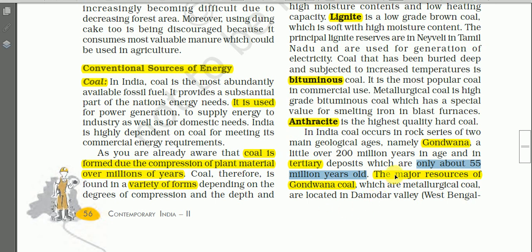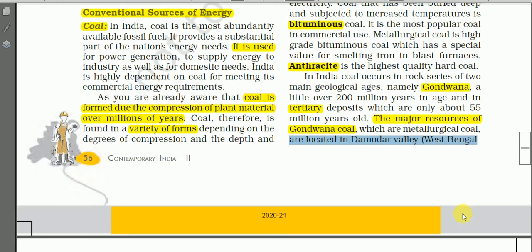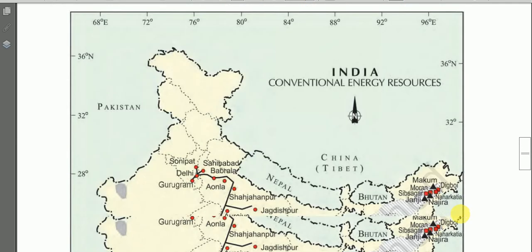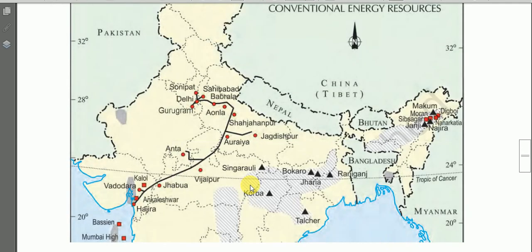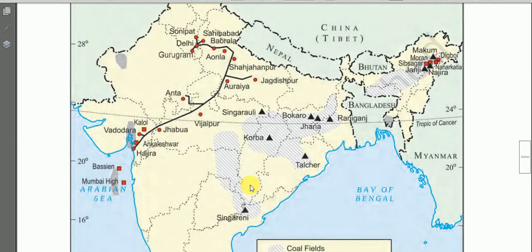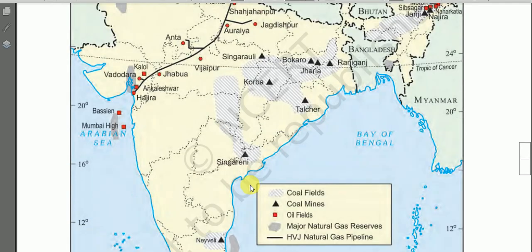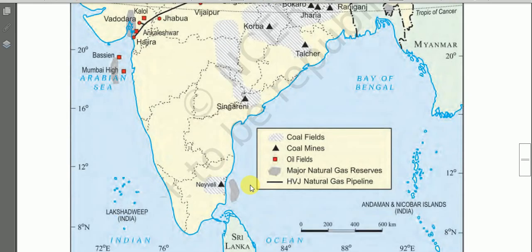And the major resources of Gondwana coal, which are metallurgical coal, are located in Damodar Valley, West Bengal. Damodar, you know, is the name of a river. This map shows the distribution of this coal and oils.